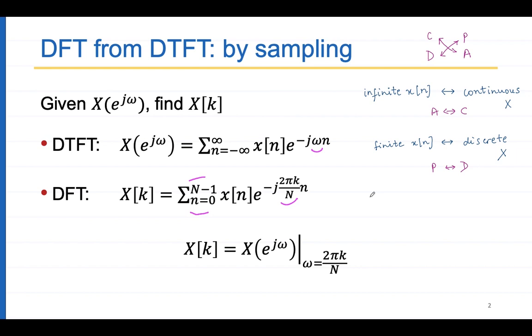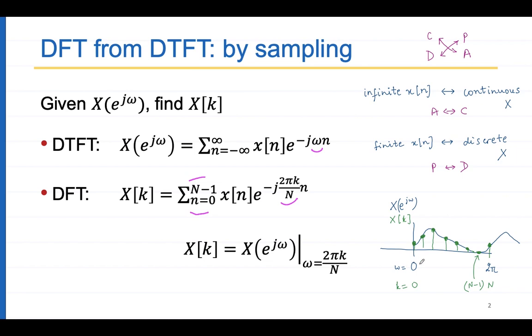This is the simple visualization of DFT versus DTFT. To be more graphic, you can see X(e^{jω}) was a continuous representation, continuous in ω, and my X[k] is discrete in ω.